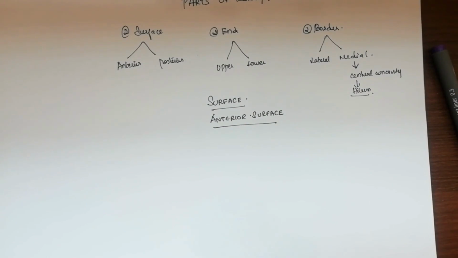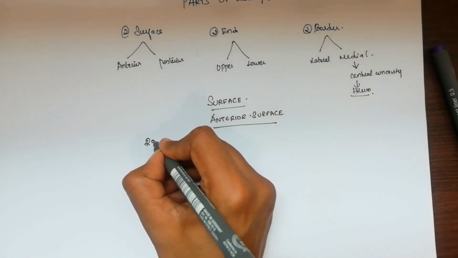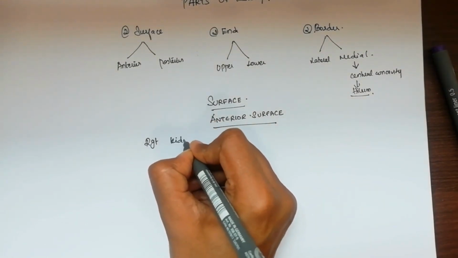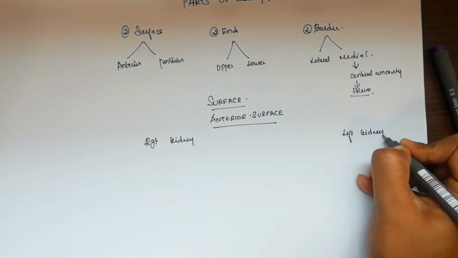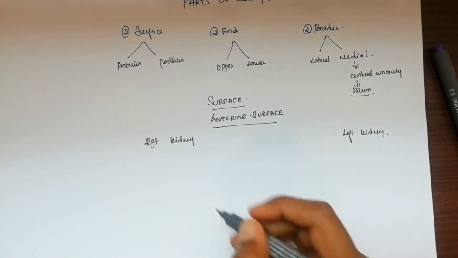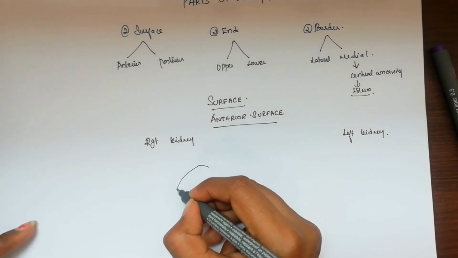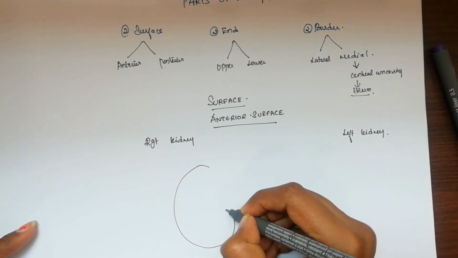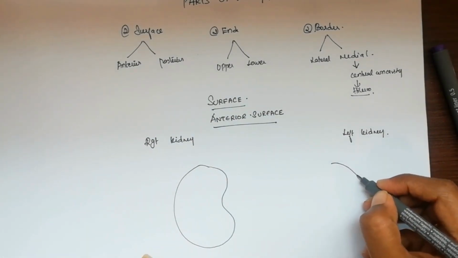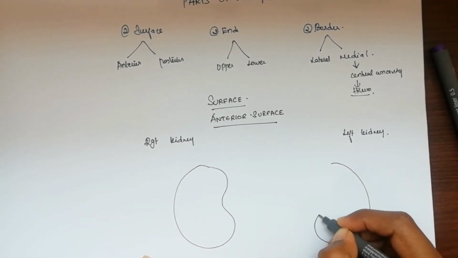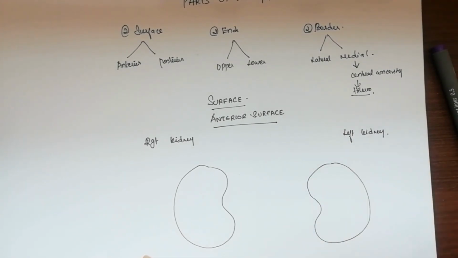Talking about the anterior surface of the right kidney. First we will move on to the right kidney, and then the left kidney. This is the right kidney, and this is the left kidney.